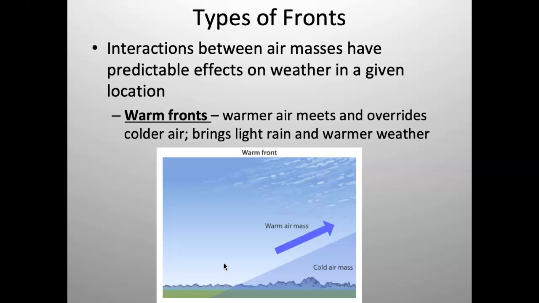This warmer air meets and overrides the colder air. As that warm air moves up over the cold air, it starts to cool, and thus we'll have some light rain or light precipitation and warmer weather in that area, because the warm air is coming through, pushing out the cold air.